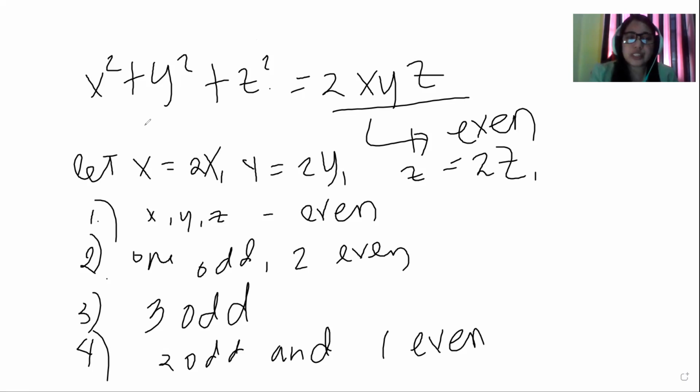For our first case, we will let x be equal to 2x sub 1, y be equal to 2y sub 1, and z be equal to 2z sub 1, which represents even numbers. That's case number 1.